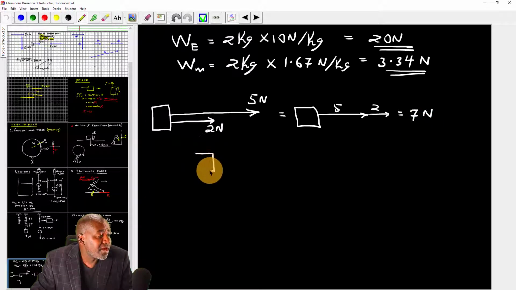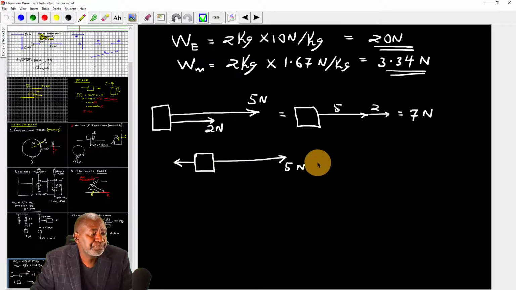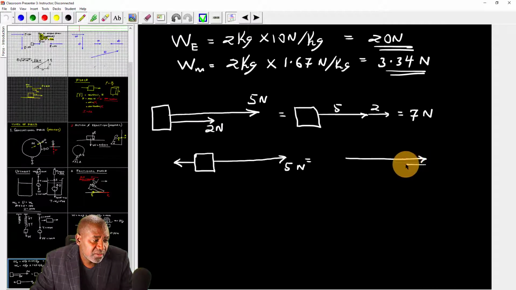If on the other hand you had the same object with a force of 5 newtons exerted that way and a force of 2 newtons this way, you will follow the same method. You'll say, I've got this one here. Then I'll bring the tail of this one onto the head of this one.